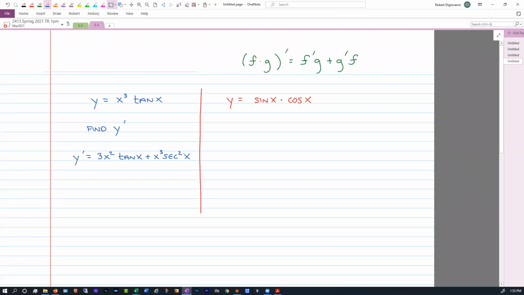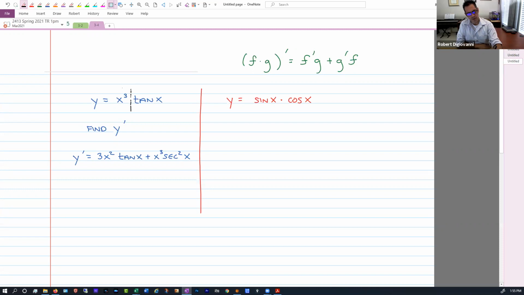Okay, does anybody need me to clarify that, or go through that in any more detail? Can you please? I can, yes. So we looked at a product right here between these two. We call this F and we call this G, right? And now we follow the formula.